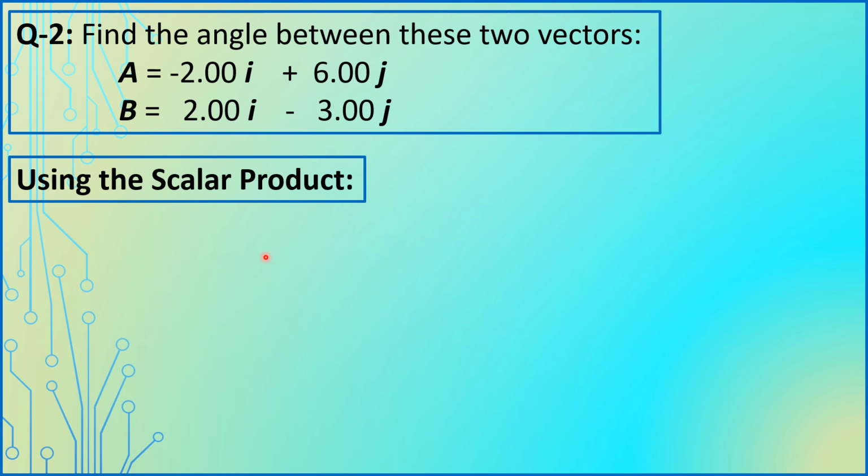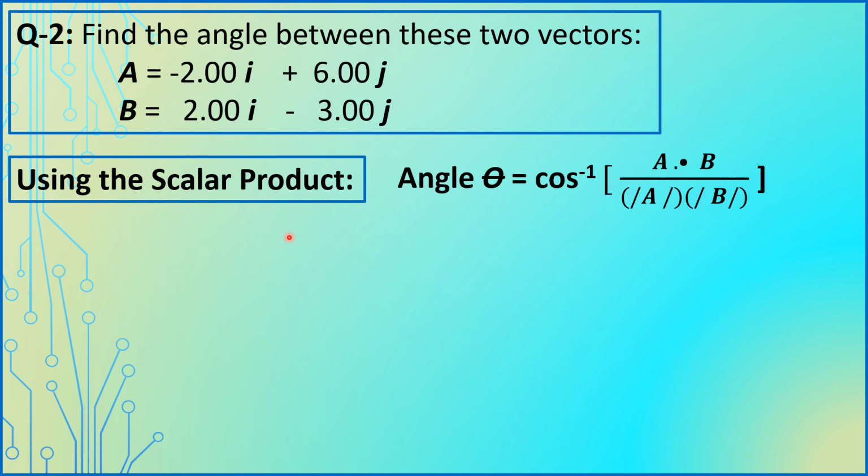Scalar product is also commonly known as the dot product, whose formula for finding the angle theta is equal to arc cosine of the ratio of the dot product of the two vectors, vector A times vector B. So the numerator is called the scalar product of the two vectors, and this is denoted by a dot symbol, which suggests that we are going to do the scalar product operation.